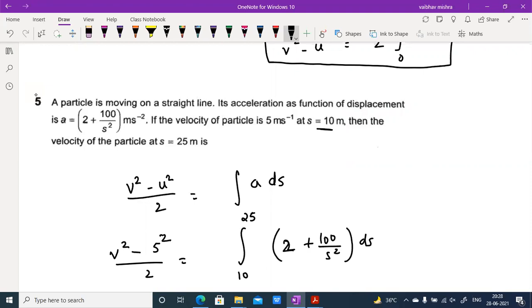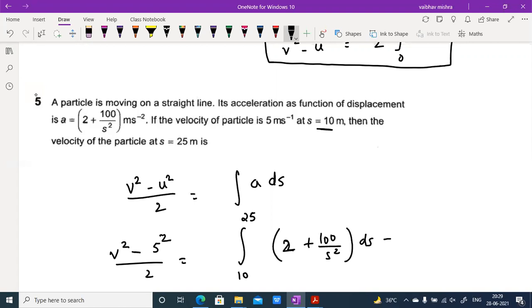Right, so a is given as function of time or a is given as function of position. Accordingly, we will choose which formula we have to apply. V minus u is integration of a dt, or we will have to use v square minus u square is 2 times integration of a dx.